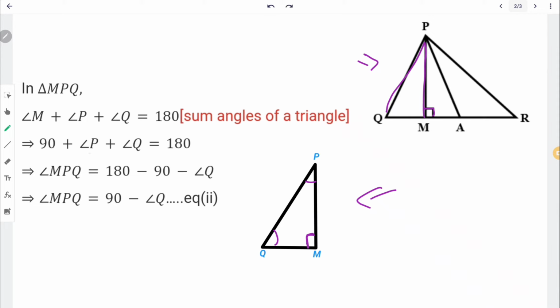Then angle P plus angle Q. This angle P, can we write it as MPQ? We can write it down, right? So in place of this P, I'm writing MPQ. This 90 and this angle Q, we'll send them to the right hand side, so you can see the minus here. So 180 minus 90, we're going to get 90. We'll be left with 90 minus Q, or angle MPQ. This MPQ equals 90 minus angle Q. We'll be using them in the next part.